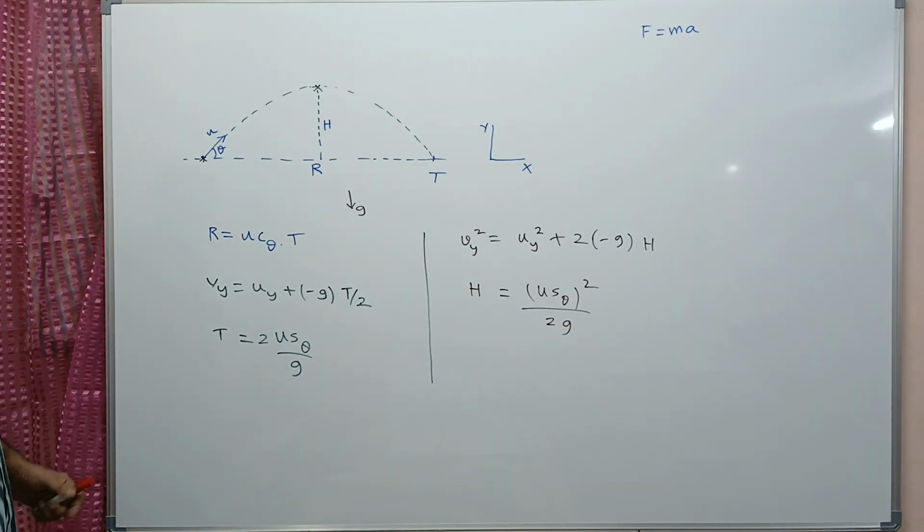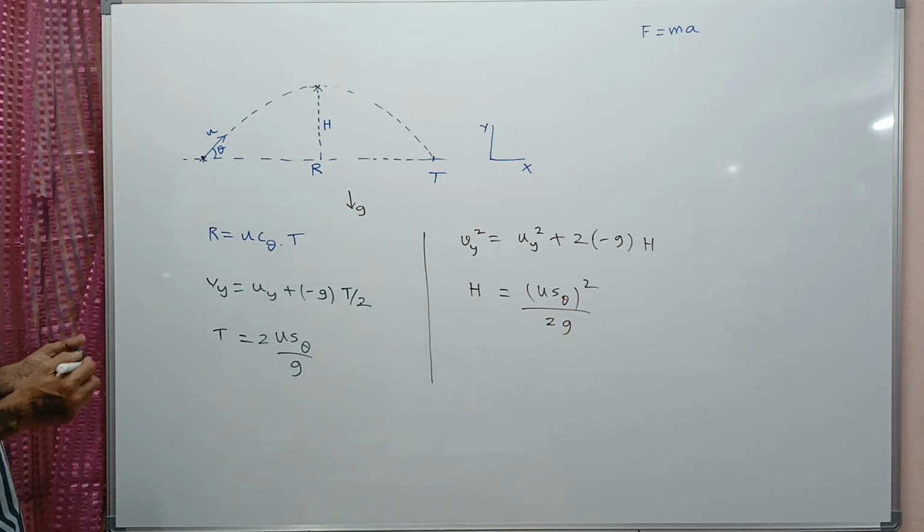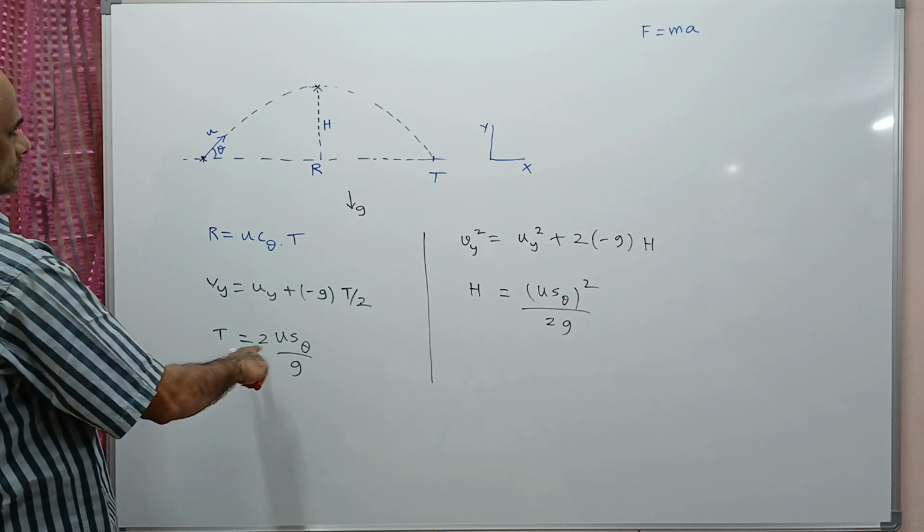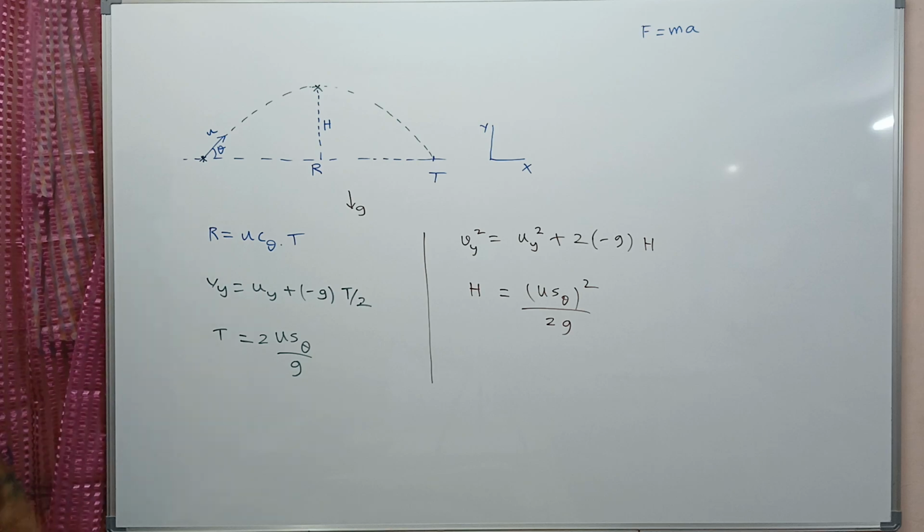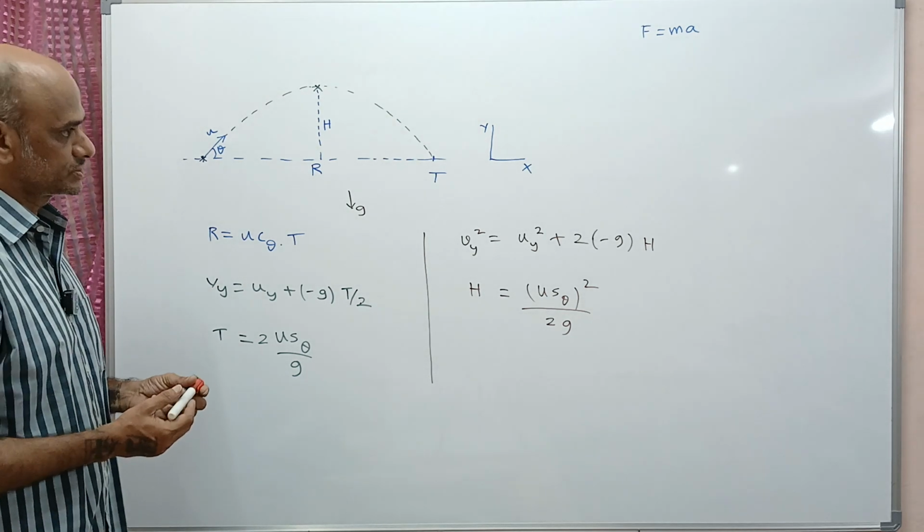There's another way of, okay, since t is known, I can put it here and get the range as u cos theta into this one. So this way I can find the range. There's one more way I can find the range. This range I can split into 2 parts.